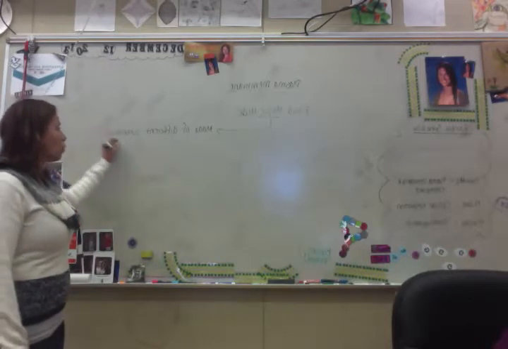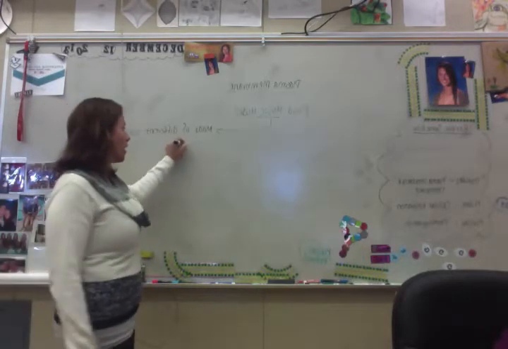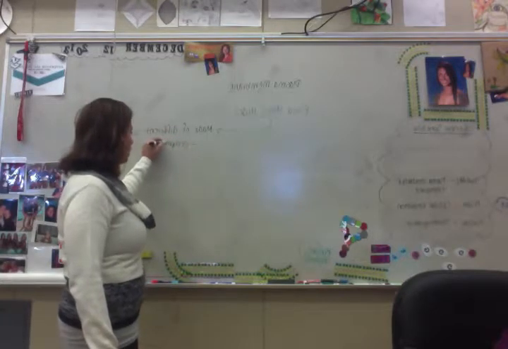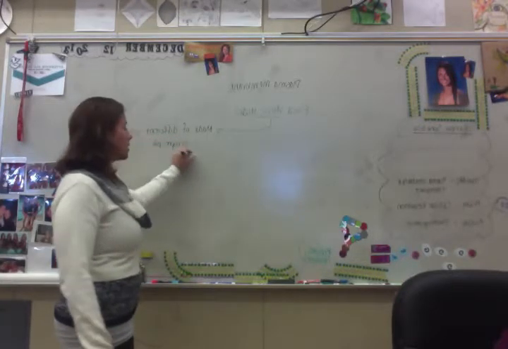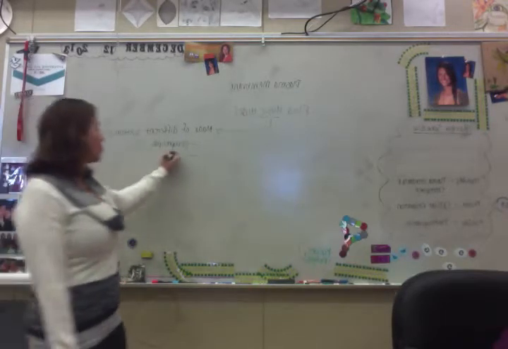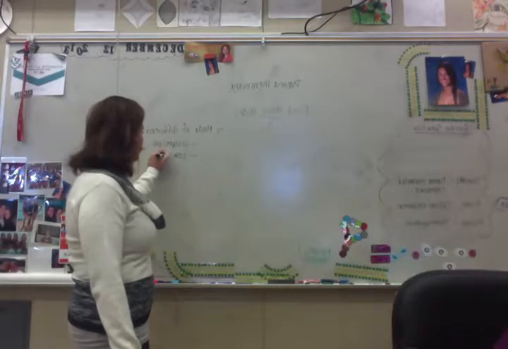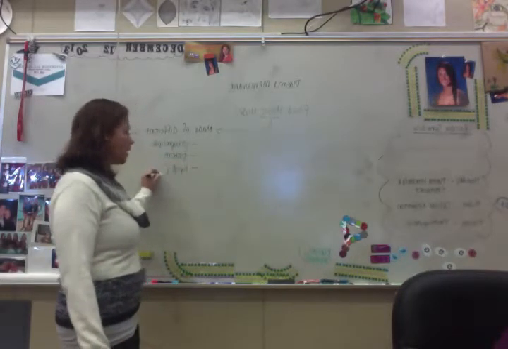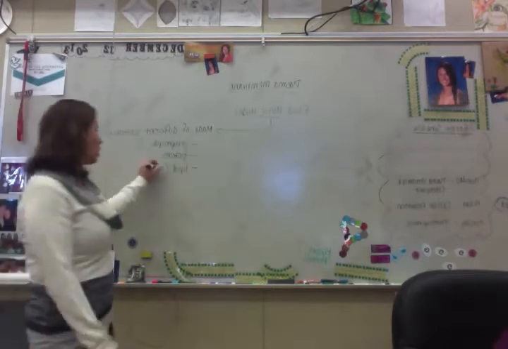So what are the things that are in the membrane, other than the phospholipids? Proteins, cholesterol. What else is in the membrane? We have proteins. What else? Other lipids. What other type of lipid is in there? Cholesterol.